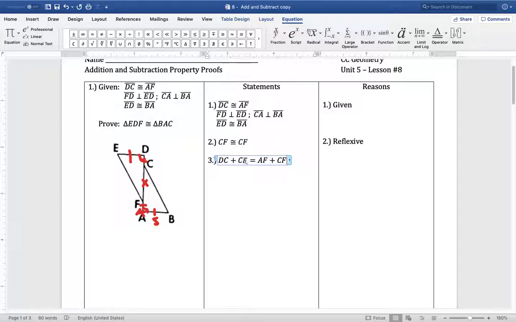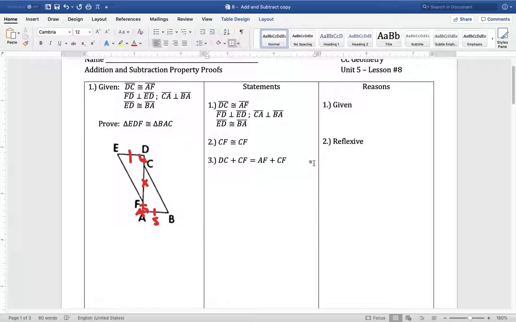And since they both have the CF part in common, and we know that the reflexive pieces are congruent and DC is congruent to AF, what we're going to do within the same step here, I'll draw in something that you can draw, and it's hard to draw it in here.